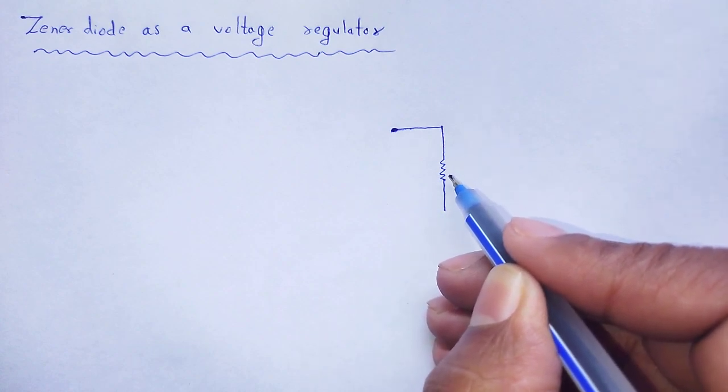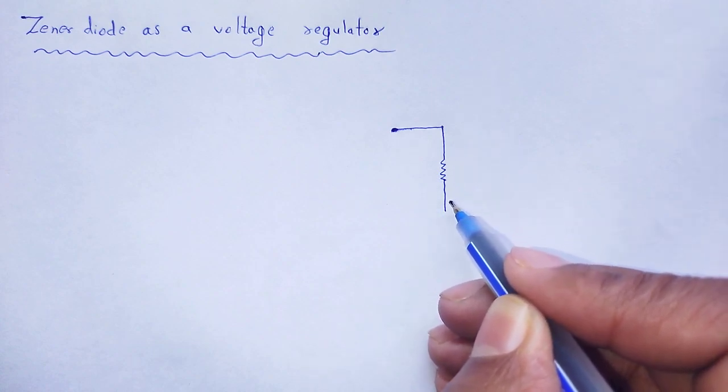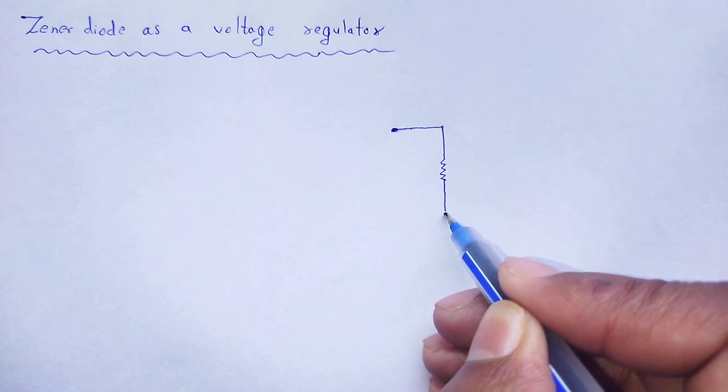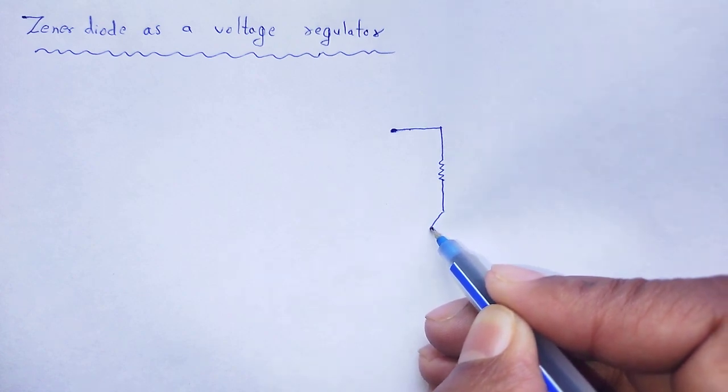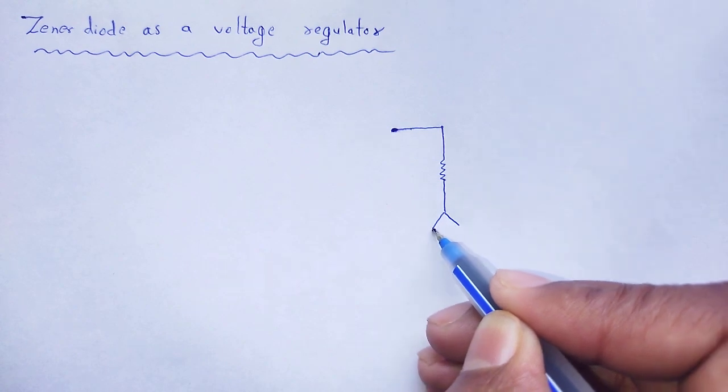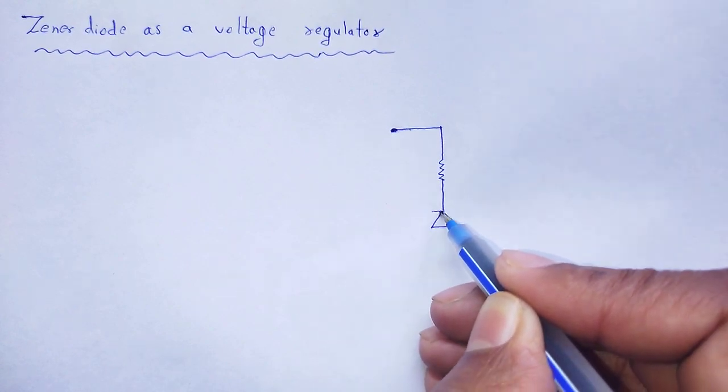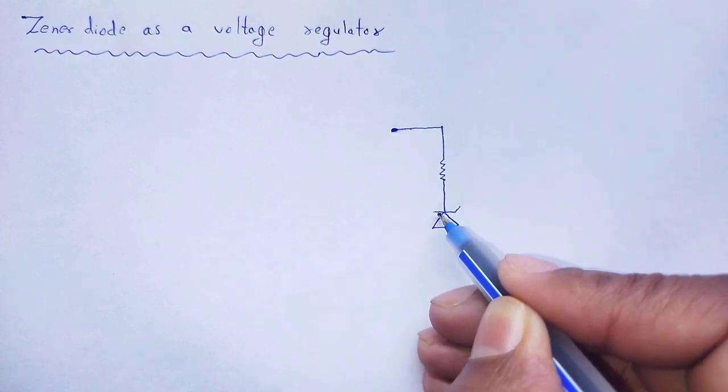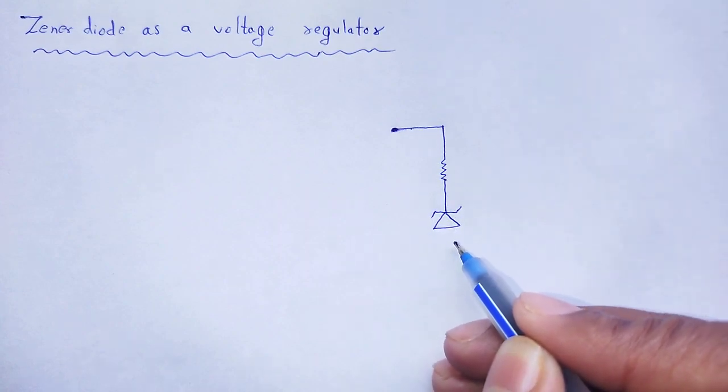This is the resistor, which is connected in series with the Zener diode.